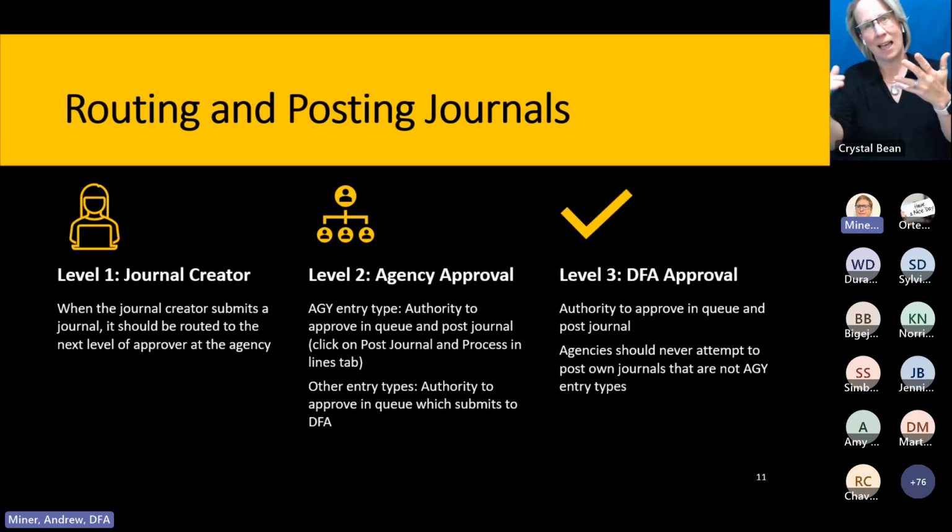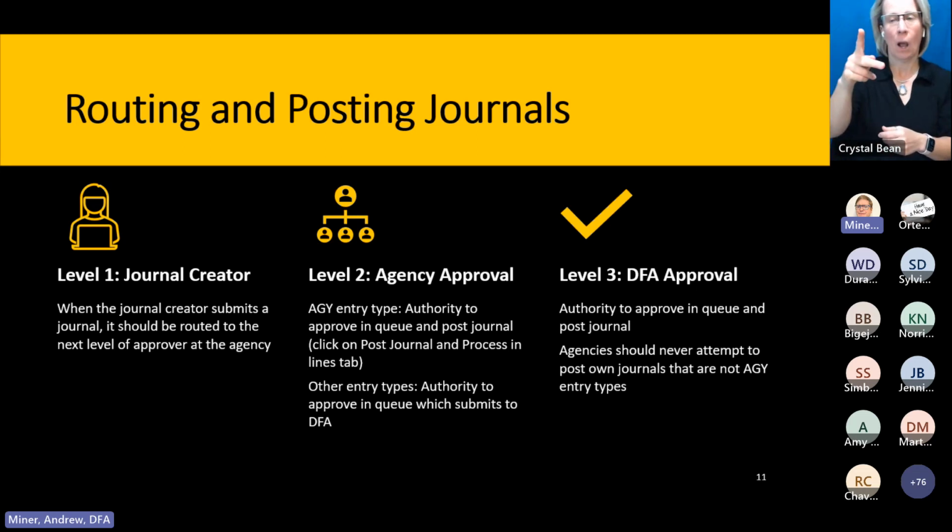Most agencies have at least 2 levels. So level 2, we think of as agency approval. So again, if it's that AGY entry type, then you have the authority to approve in queue and post the journal. So there, from the drop-down menu, you click on post journal and process it in the lines tab.